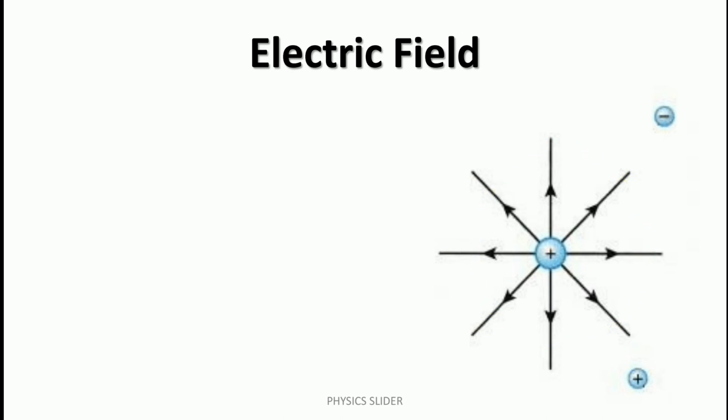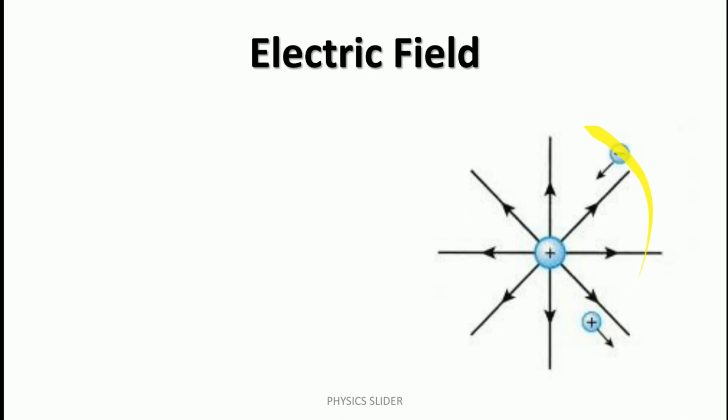Now let's bring them in. When this negative charge comes within the region, it experiences a kind of attraction force, and this positive charge, when it comes within the region, experiences a kind of repulsive force. So when these charges are within the region around this charge, they experience a kind of attraction or repulsion force.